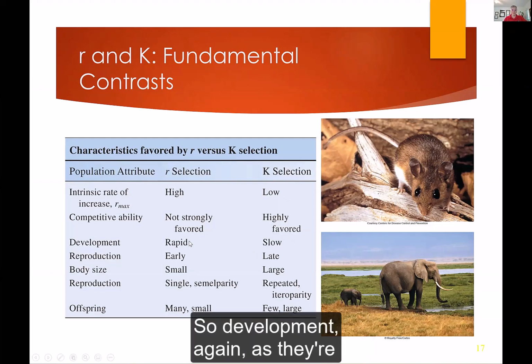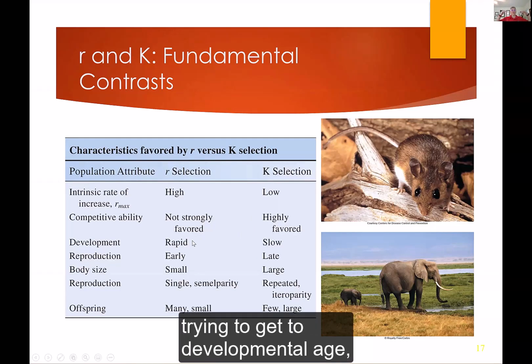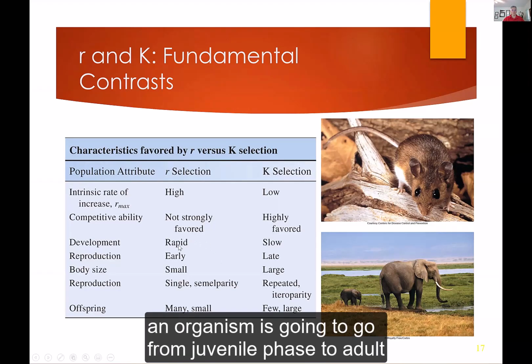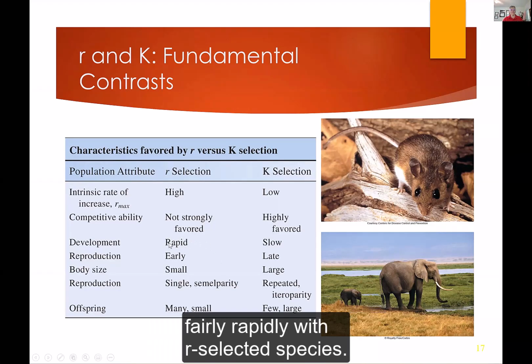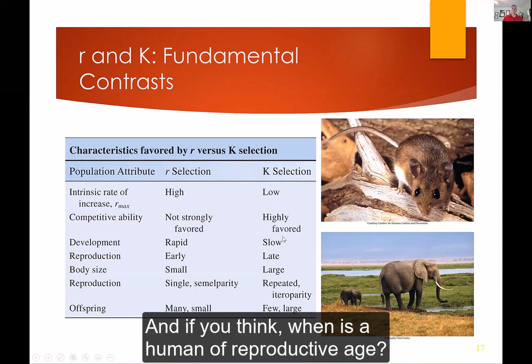So development, again, as they're trying to get to developmental age, right? An organism is going to go from juvenile phase to adult fairly rapidly with R selected species. And if you think, when is a human of reproductive age?